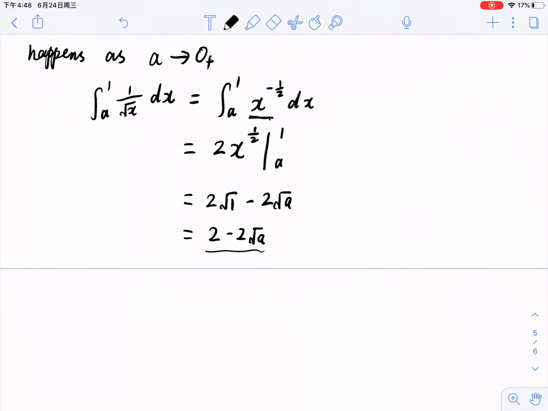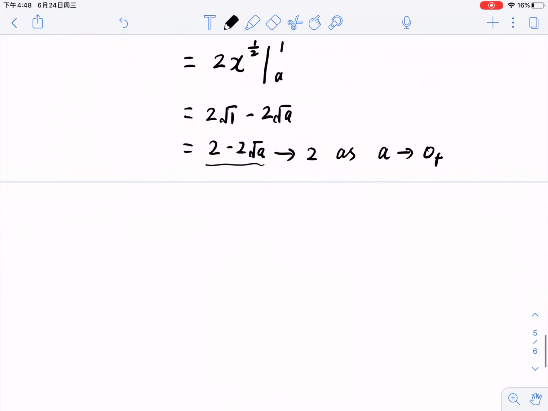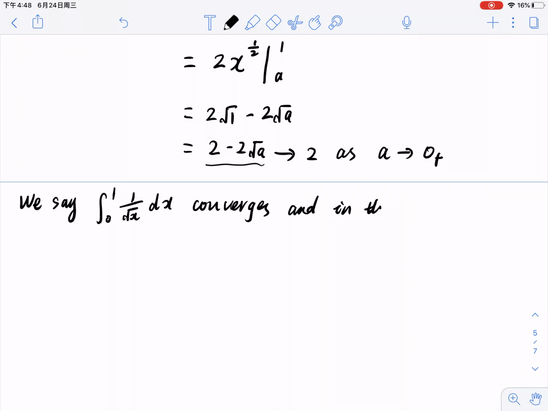This goes to 2 as a goes to 0 from the right. We see the integral of 1 over square root x from 0 to 1 dx converges, and in this sense, the integral is equal to 2.